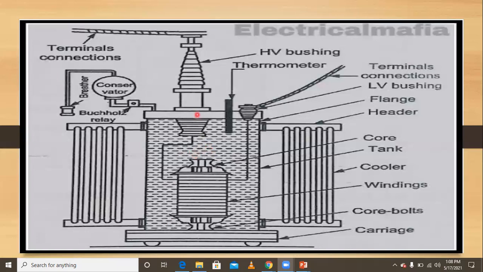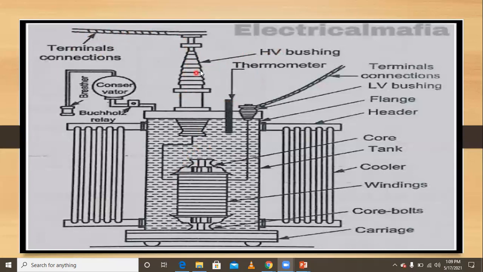And here this is called the bushings. This is called the high voltage bushing, which is connected to the terminal connections, meaning the outside distribution or transmission lines. The transmission line, this is called the line, is connected to the inner side of the transformer winding through bushings.